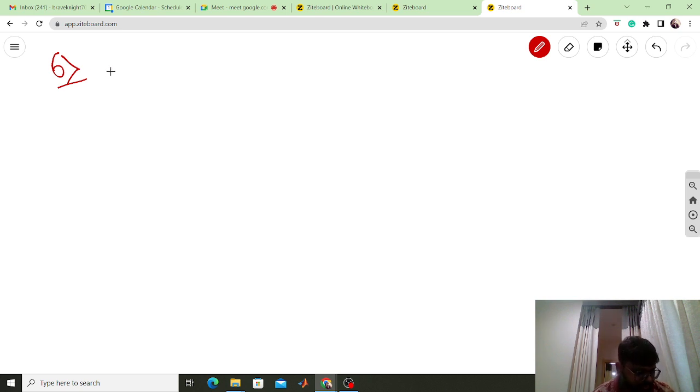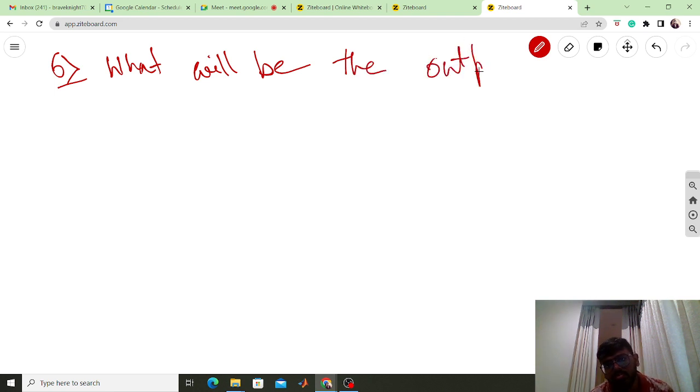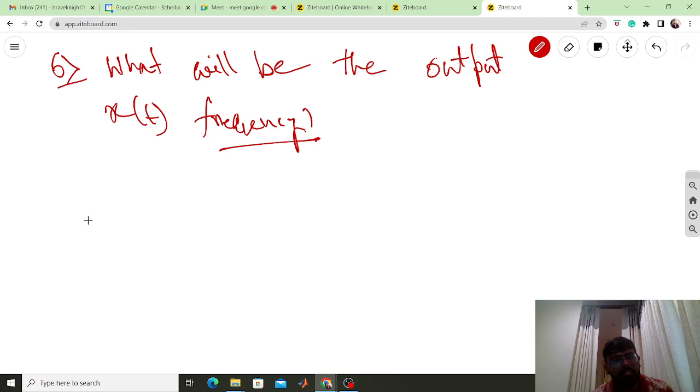So for the previous question, what will be the output xt frequency? So to remember, we had this local oscillator multiplication there.